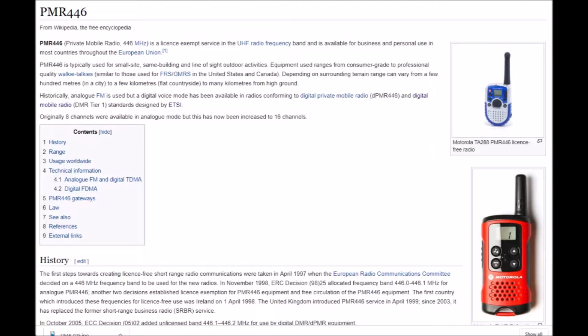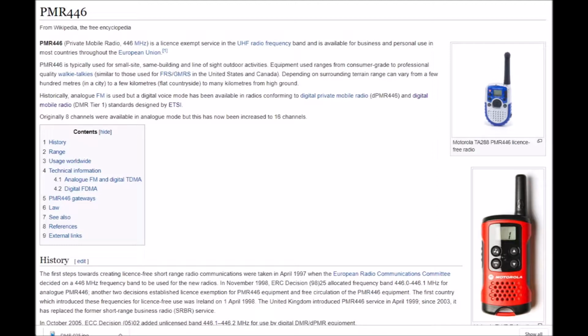Depending on surrounding terrain, range can vary from a few hundred meters in a city to a few kilometers flat in the countryside to many kilometers from high ground.